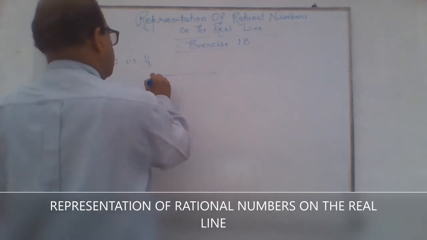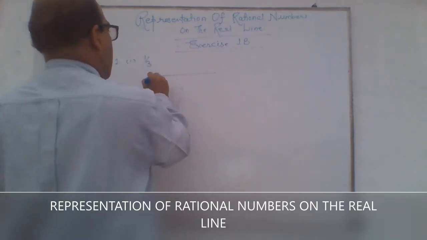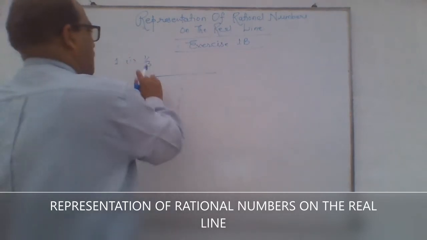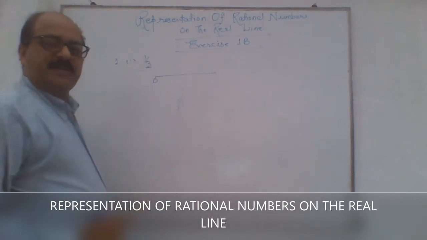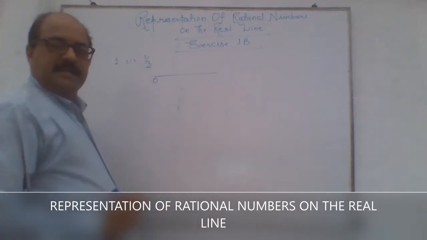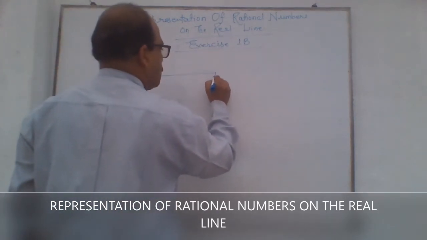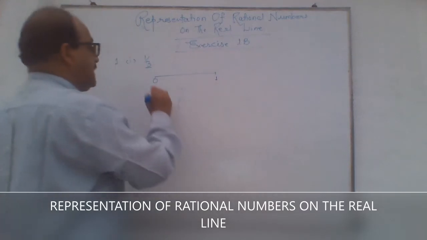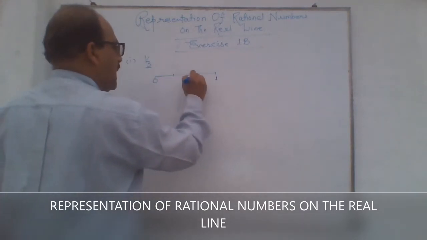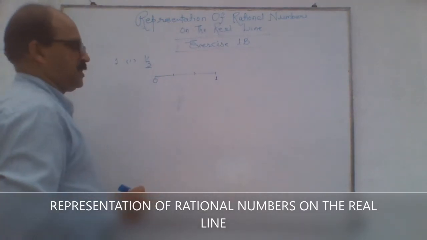here this is 0 and see here the denominator. How many? Denominator is 3. It means one block will be divided into 3 equal parts.